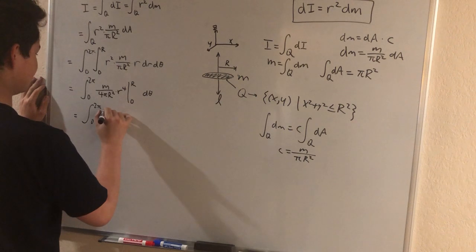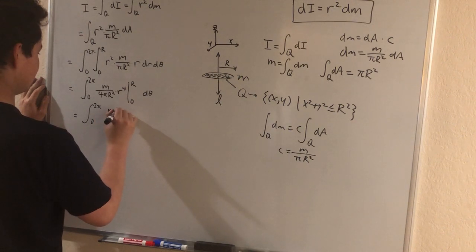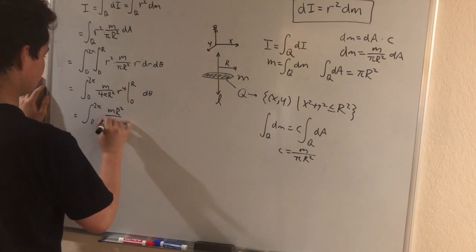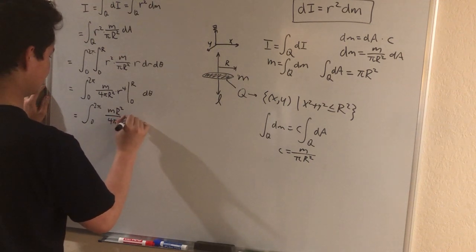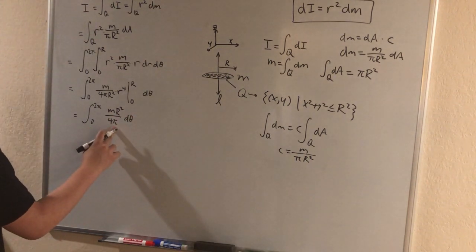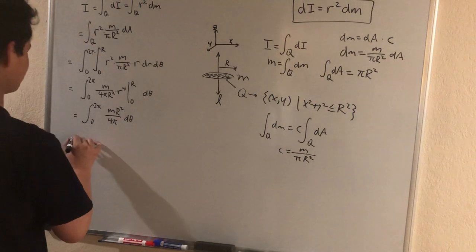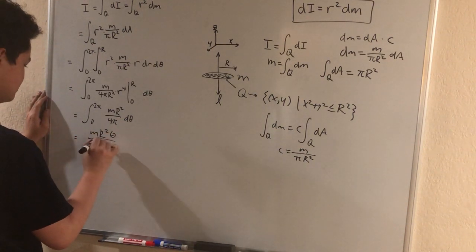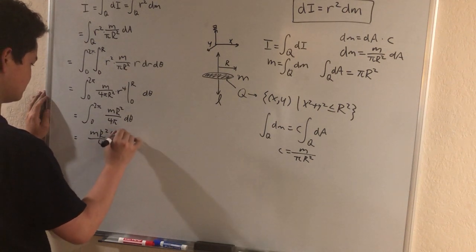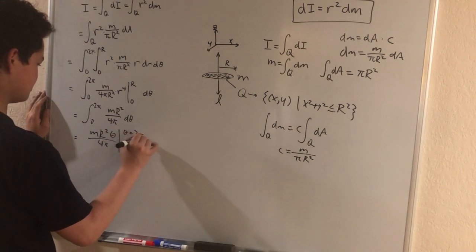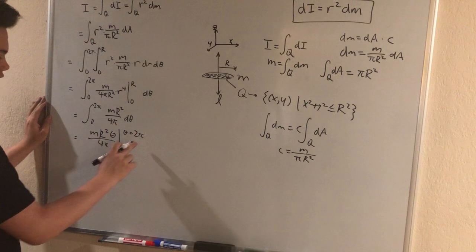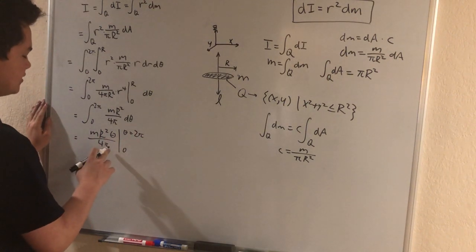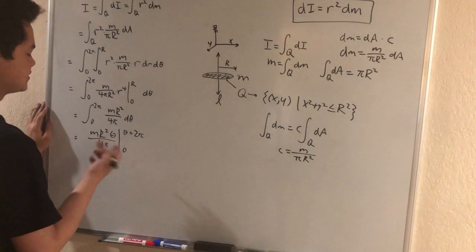So we get this. Now this is a constant with respect to theta, so that's just a constant times theta. Now we plug in 2 pi to this, and then we plug in 0, which just gives 0.